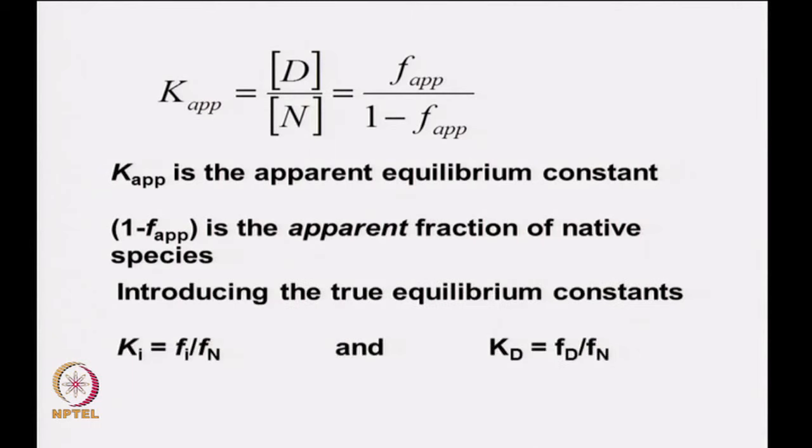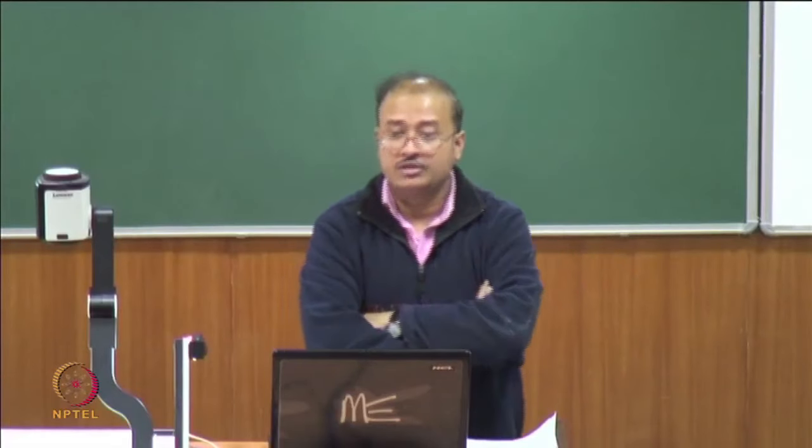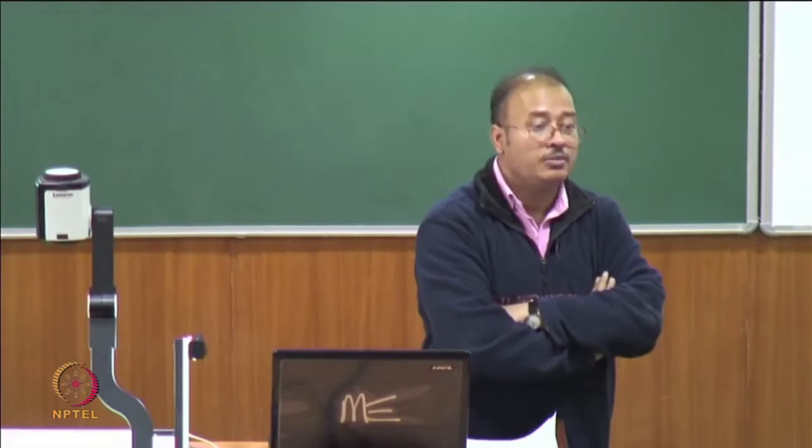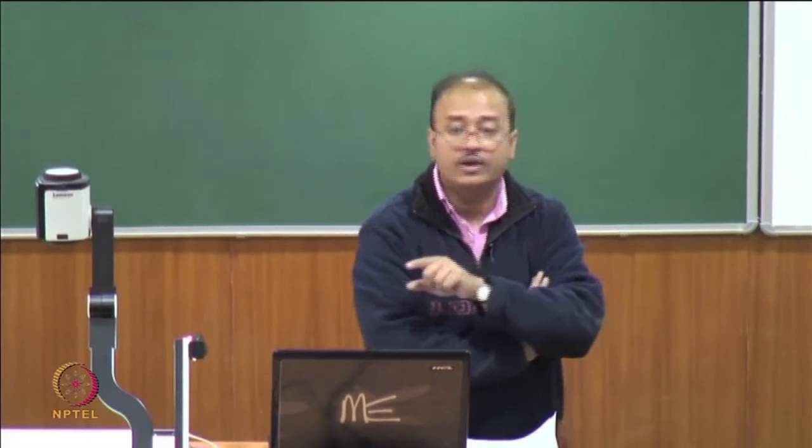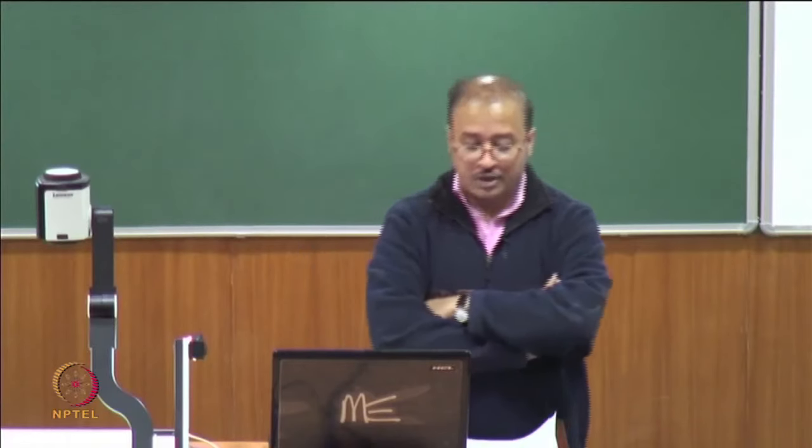Now what you do is, you introduce true equilibrium constants. What do you mean by true equilibrium constants? If you have an equilibrium between the native state and intermediate I1, say, then the equilibrium constant k is equal to the concentration of I1 divided by the concentration of N, right.